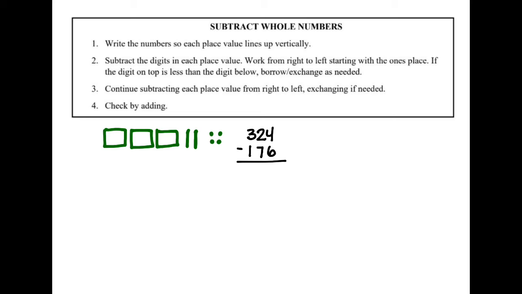Okay, so this says work from right to left, starting with the ones place. So we're going to start right here. You can't do 4 minus 6. I can't take 6 of the units away. So what I'm going to do is take one of these rods and break it into 10 individual units that it was originally made up from.